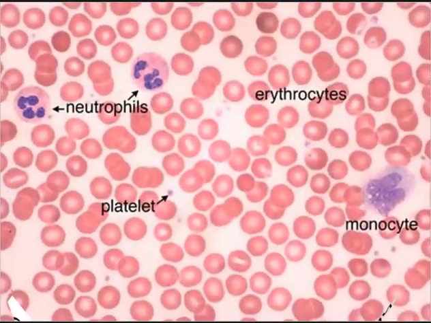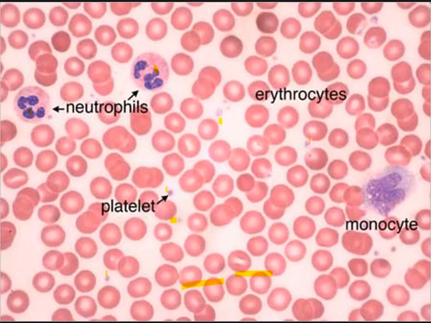Okay, another picture: RBC, platelets, segmented neutrophils, and then your monocyte.